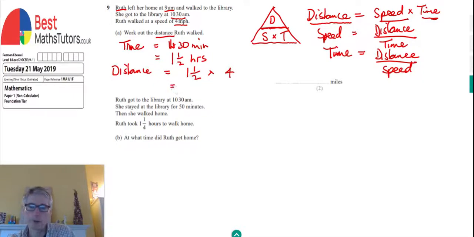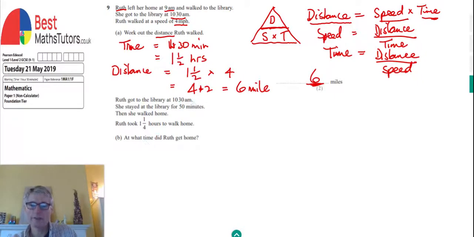So if we do that in 2 stages, 1 times 4 is going to be 4, and half of 4 is 2. So 1.5 times 4 is going to be 4 plus 2, which is 6 miles. So let's write that in there.